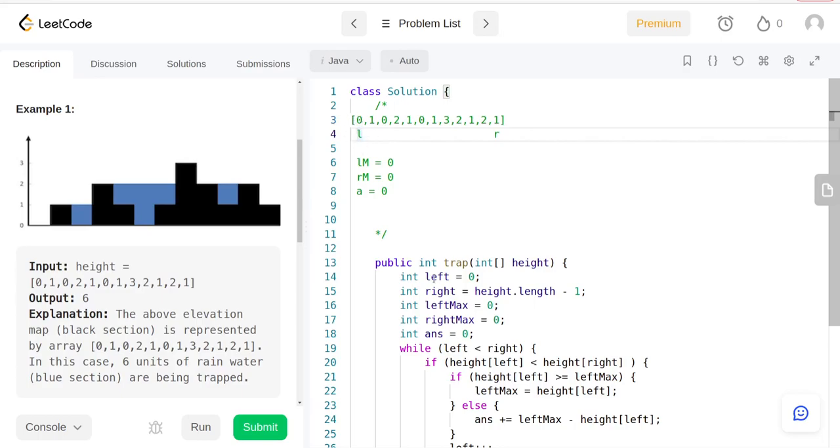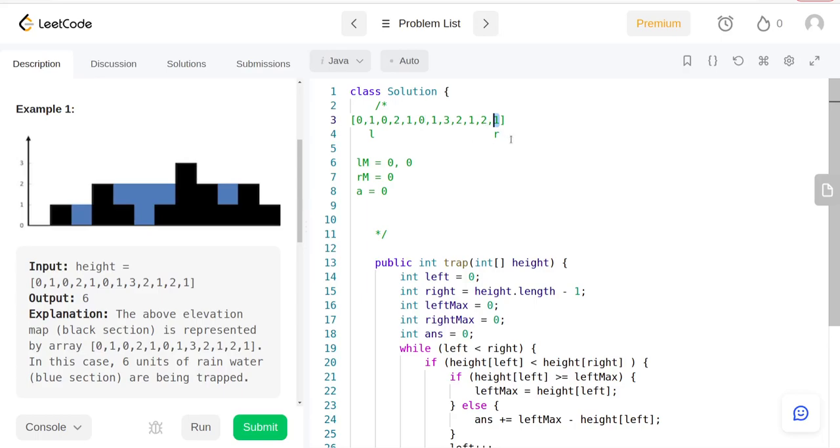The next thing we want to see is whether this current height, which is 0, is greater than or equal to the left max you have seen so far. Yes, it is equal. So all we need to do is update our left max to the same thing, and then increment the left. Nothing is going to be added to the answer. Then again, you compare whether the left height is less than the right height.